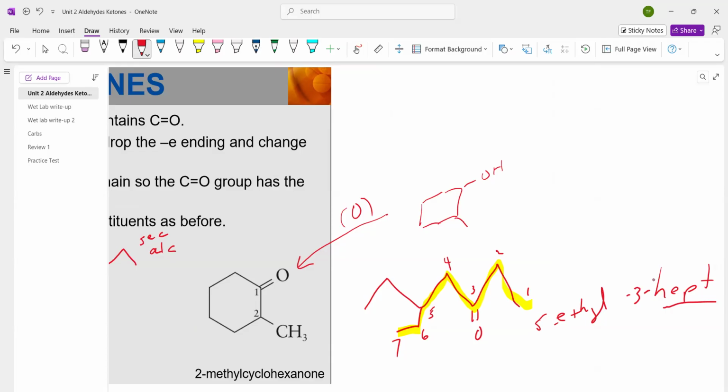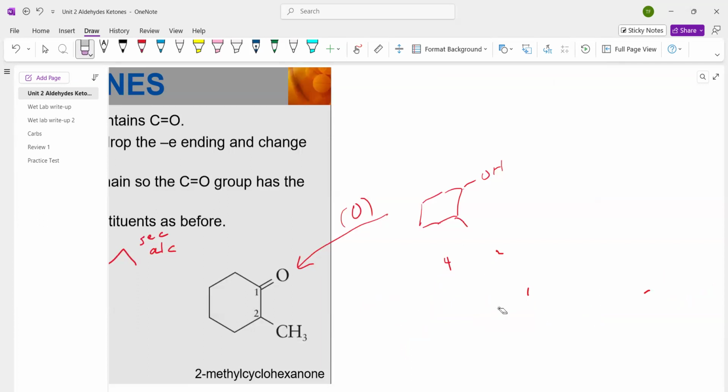And on a cyclic one, there's no room for the hydrogen. Okay, so this little short reaction I've got here, cyclic ketones come from secondary alcohols, and this is a secondary alcohol right here.